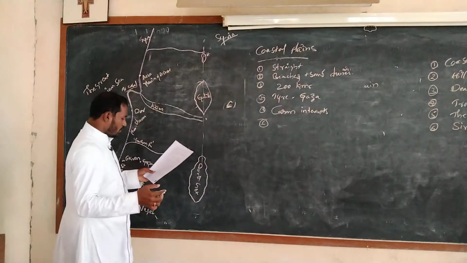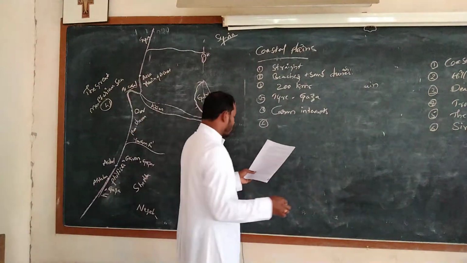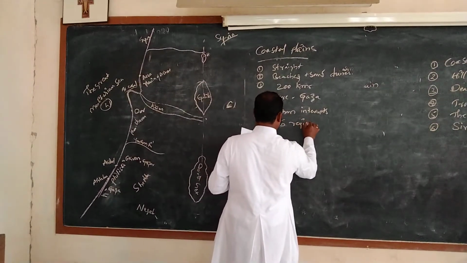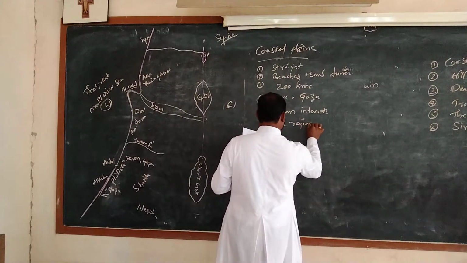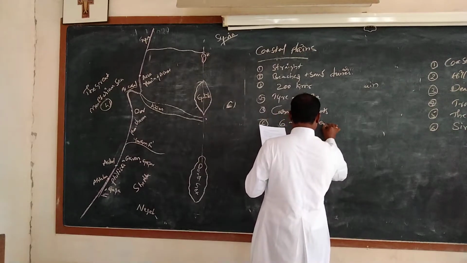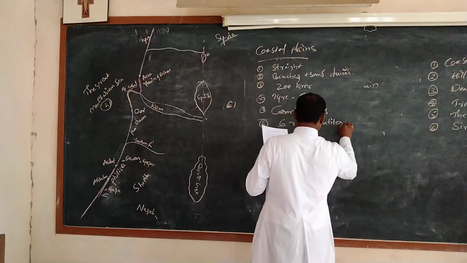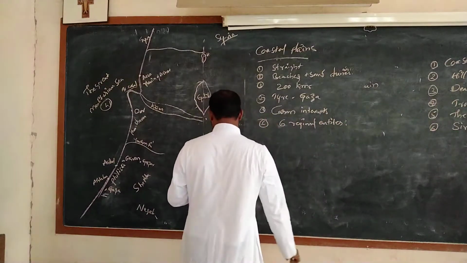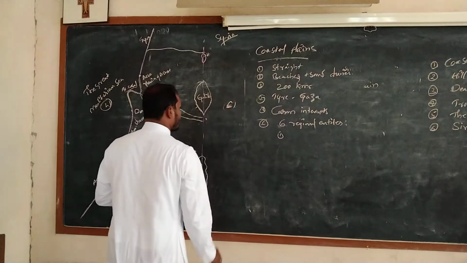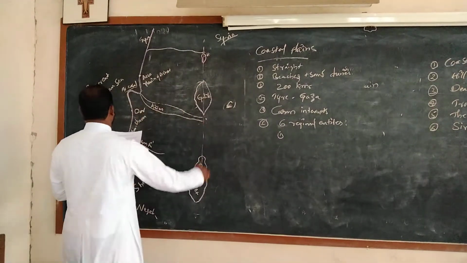So there are 6 regional entities. Among the 6 regional entities, first one is Asher Plain.